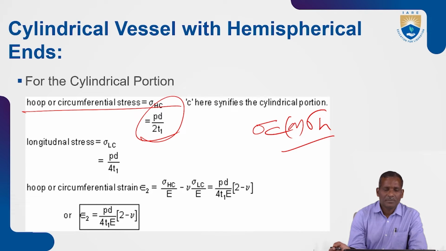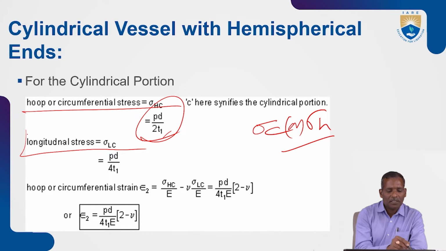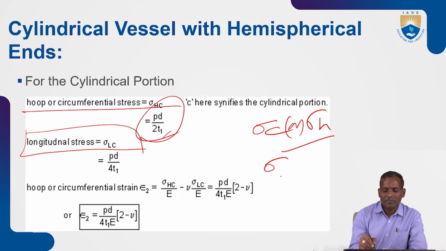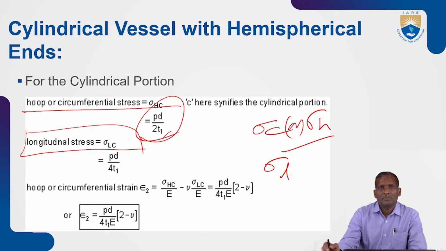P is the internal pressure, D the diameter of the cylinder, and T1 the thickness of the wall. Similarly, the longitudinal stress, sigma L, is PD by 4T1.